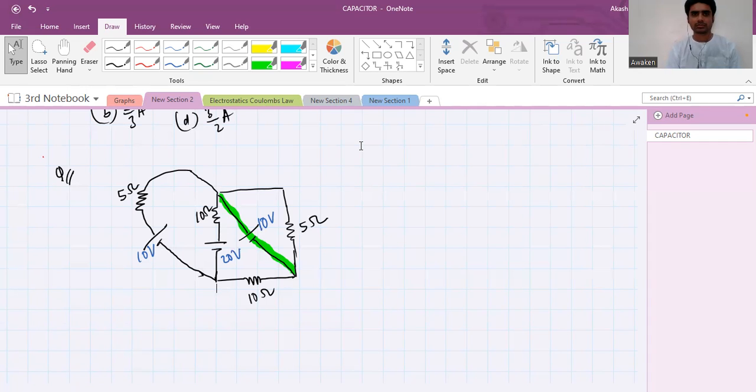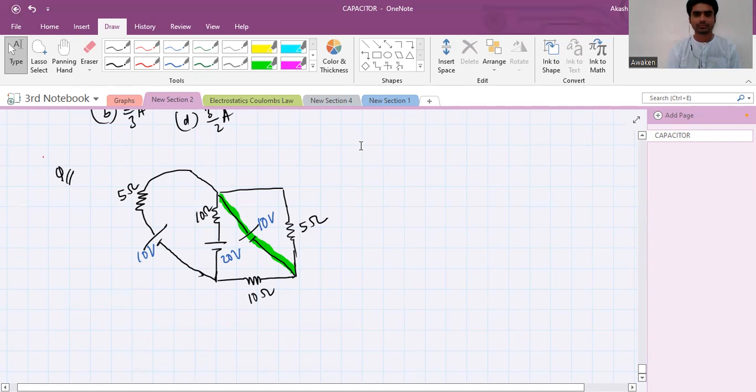Any hope? Or should I solve? So now I'm solving. I took that point as 0 volts. Remember I had told you that if you get stuck, you can take one point as x. Remember I told such a point?